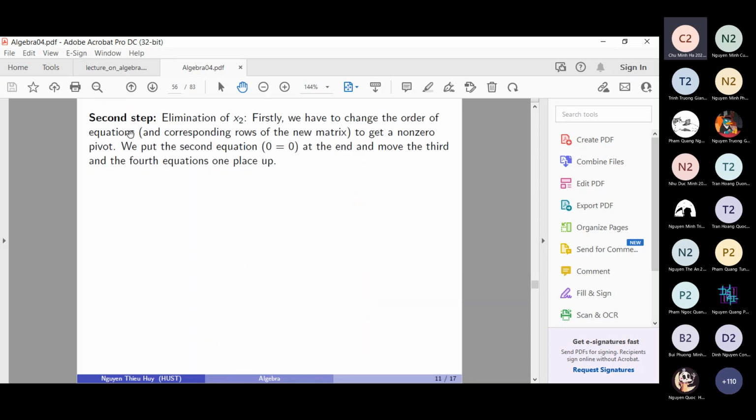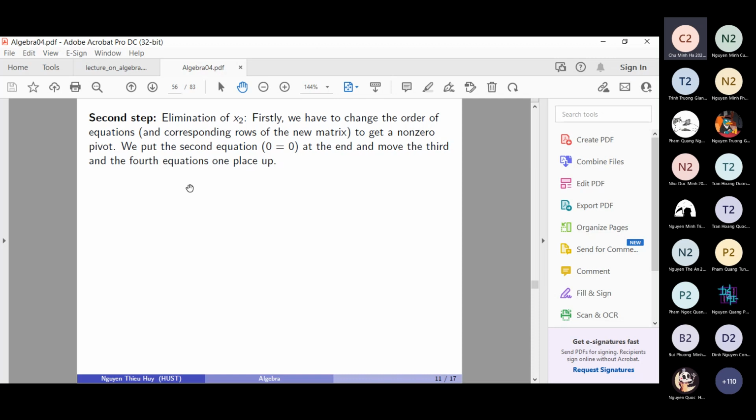Here is exactly what we are doing. We have to change the order so that we obtain something non-zero, so that we can use it as a pivot. To do this, we put the second equation, this means the 0 row, at the end, and move the third and the fourth equation one place up.